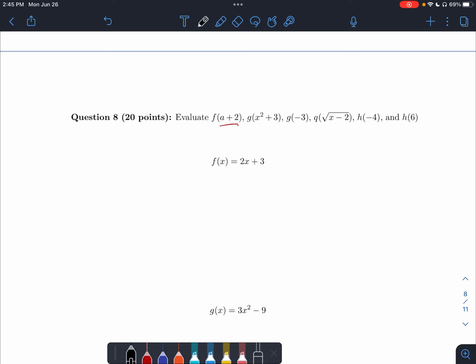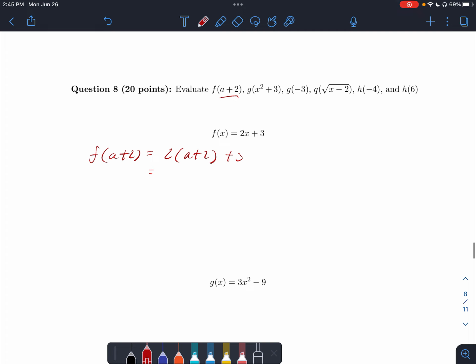So this will be f of (a plus 2) is equal to 2 times (a plus 2) plus 3. Okay, so we can distribute this 2. So we get 2a plus 4 plus 3, or 2a plus 7.